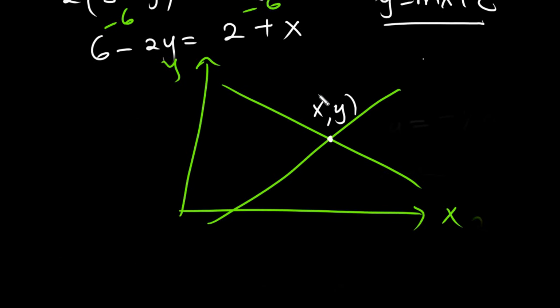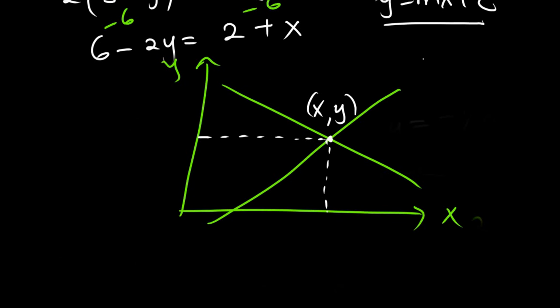One thing you are supposed to realize is that at a point of intersection, this coordinate is being shared by the two lines.